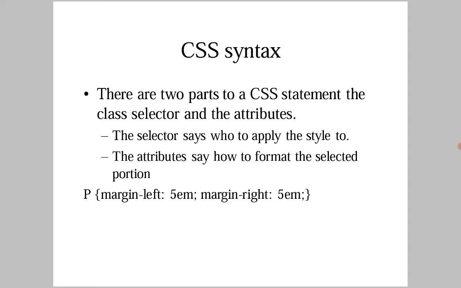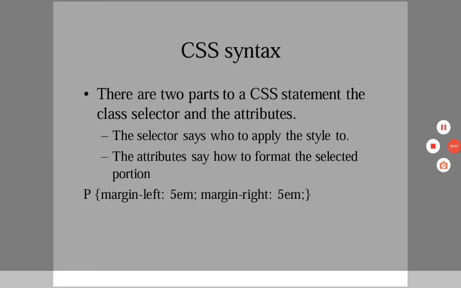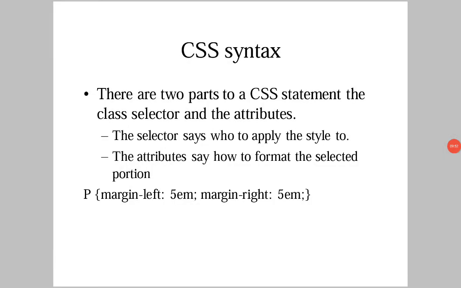So CSS, or cascading style sheets, have two parts. The first part is the selector and the second part is the attributes. A selector is a component or part of the web page, and attributes mean its properties or characteristics, some values.